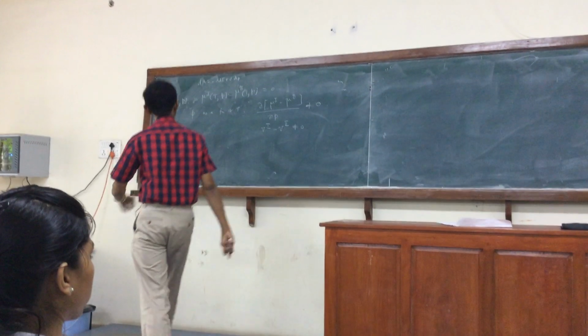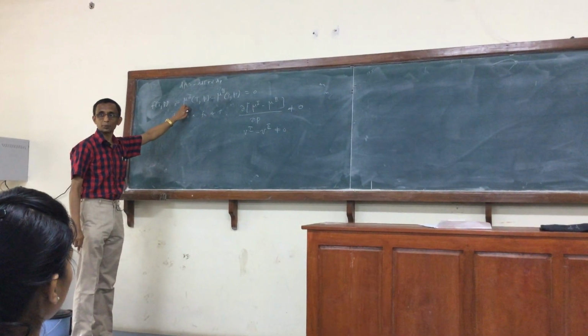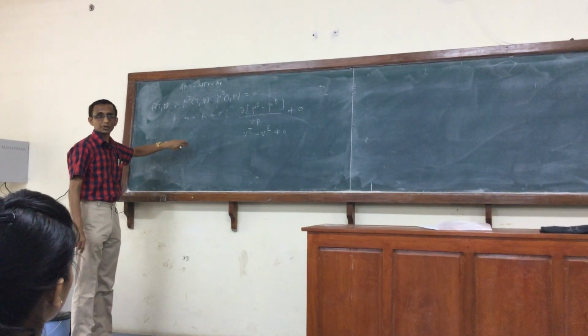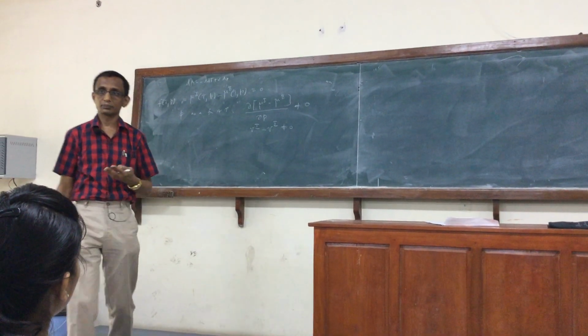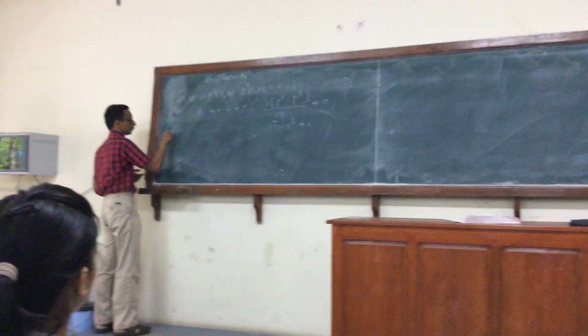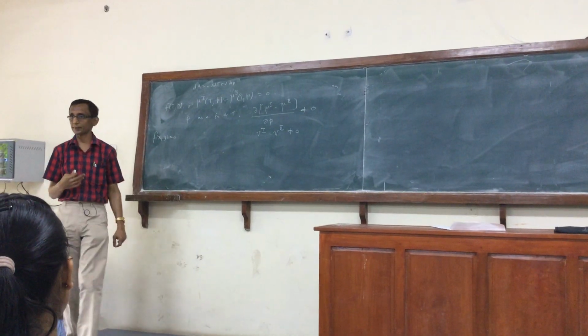But we have also seen that the application of the implicit function theorem also gives an expression for the derivative. Right? So if I have f of x,y equal to 0, let's say, there is an implicit relation between x and y.